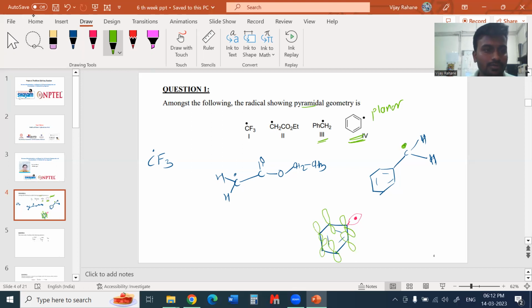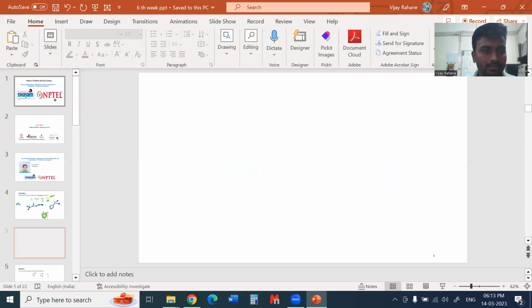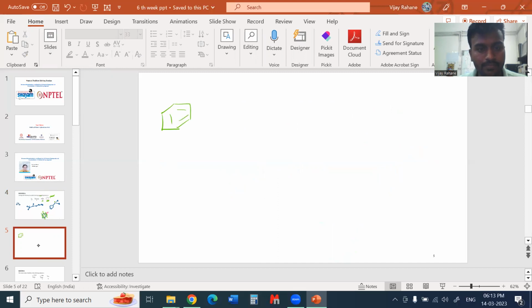I will just draw it on a slide. First we will see the radical and its resonating structure. In this resonating structure, the electron will be delocalized in this fashion. So the CH2 radical will go to here, here, and here, and it again resonates in the entire ring.